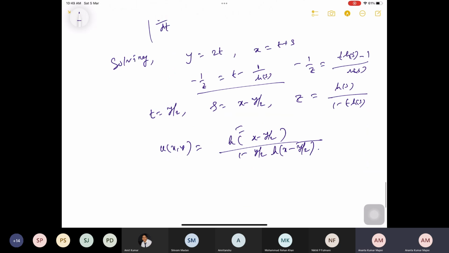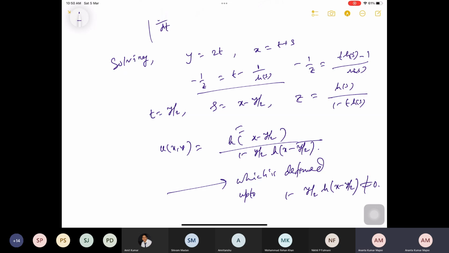Okay, so now this is defined if the denominator is non-zero, that is 1 minus y by 2 times h of x minus y by 2 is not equal to 0.